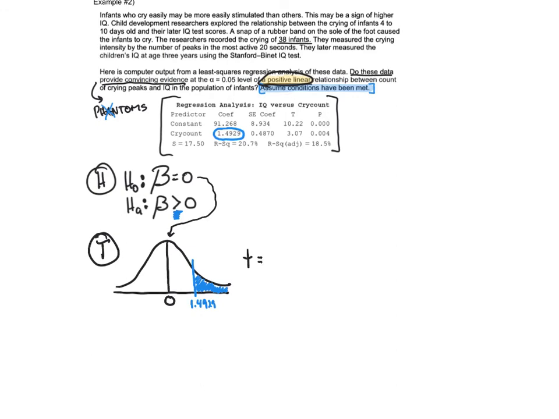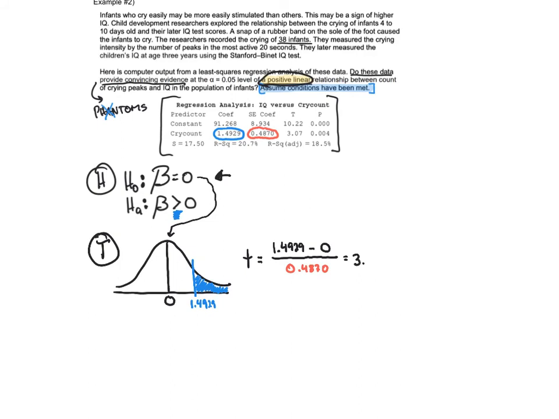All right, let's do the T. T equals my slope, 1.4929, minus the claim slope, which is 0. There's the claim right up here, divided by standard error of B. Standard error of B, that's that number right there, 0.4870. Then I'm going to calculate this. If you want to calculate it in your calculator, you can.